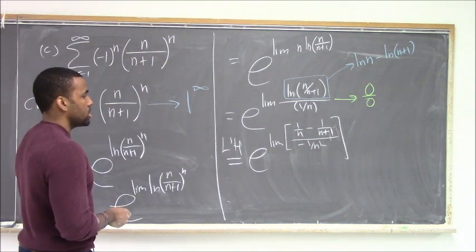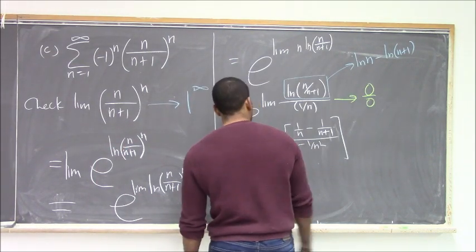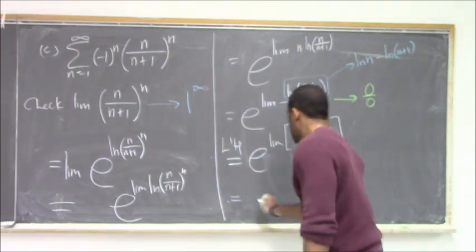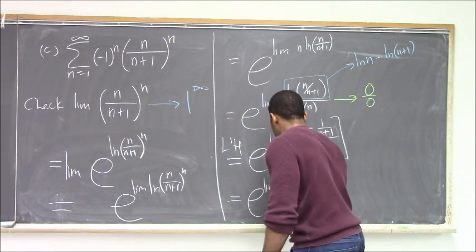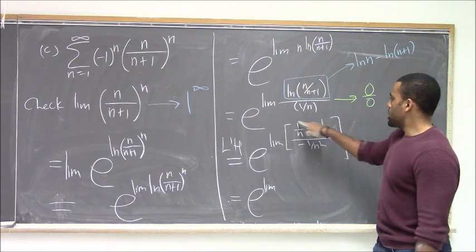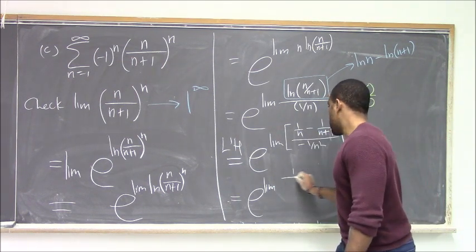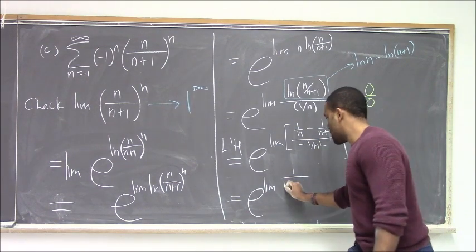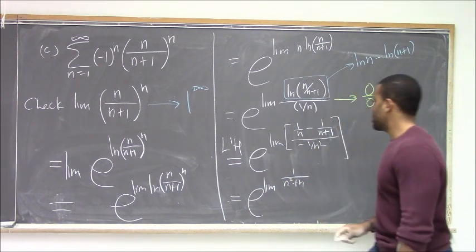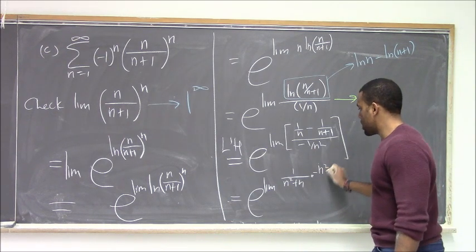Now I can multiply top and bottom by n. Or let me just do it this way. Combine the top. So this would be n plus 1 minus n. So it's just 1 over the product of the denominators. That's n squared plus n. And then keep change flip. This is multiplied by minus n squared.